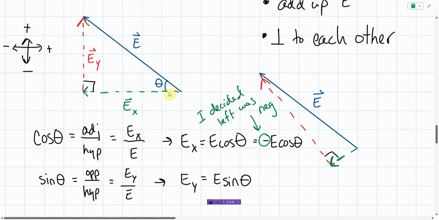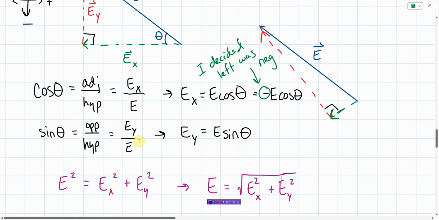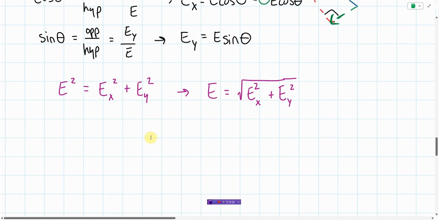If you need to know the angle for any reason, it's a little bit rarer to ask, but if you need to find it, you're going to have to do an inverse trig function. So you could do the cosine, like cosine equals EX over E, and then take the inverse cosine of both sides. You could do that with sine and EY, but most people tend to use the tangent. Tangent is opposite over adjacent.